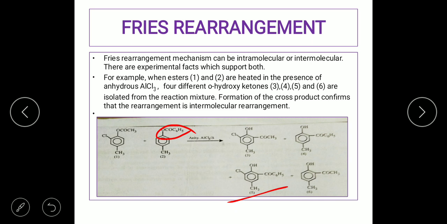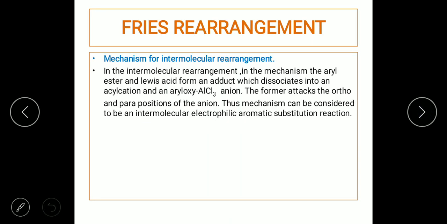You can see how the benzoyl group has got attached in product 5, and in 6 you can see how the acyl group has got attached in product 6. Hence the crossover experiment proves that there is a possibility of intermolecular reaction, and for products 3 and 4 there is the possibility of intramolecular reaction.